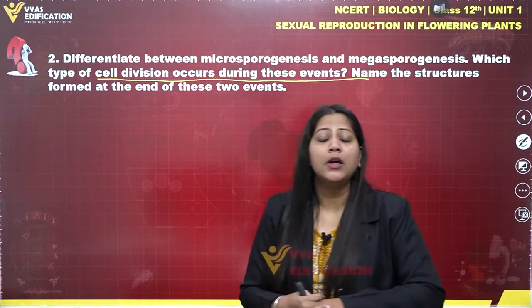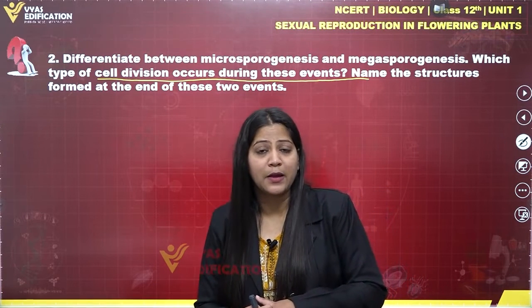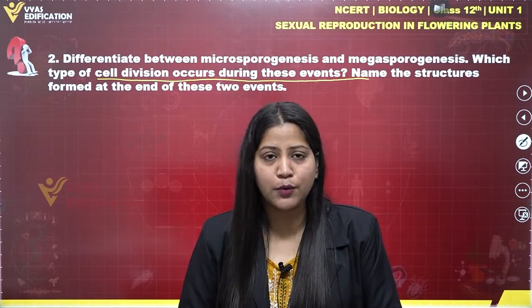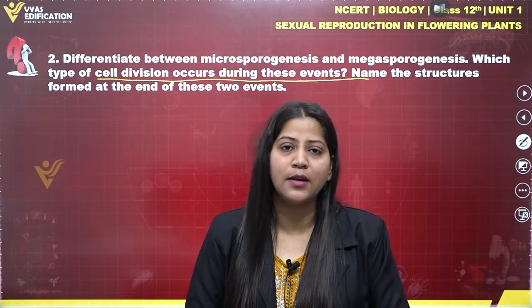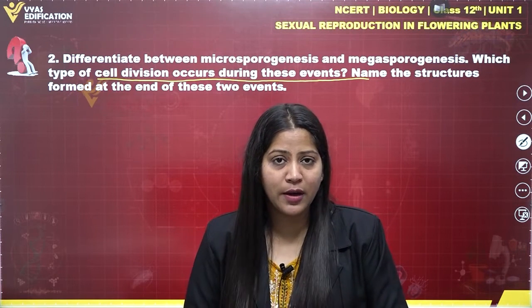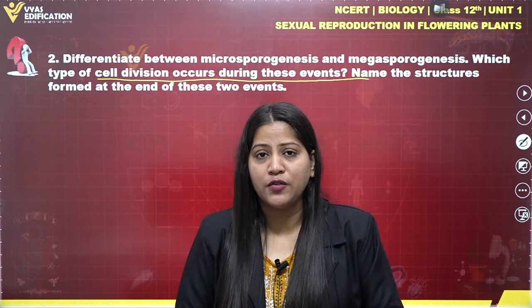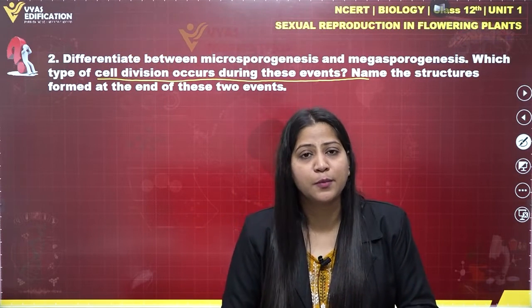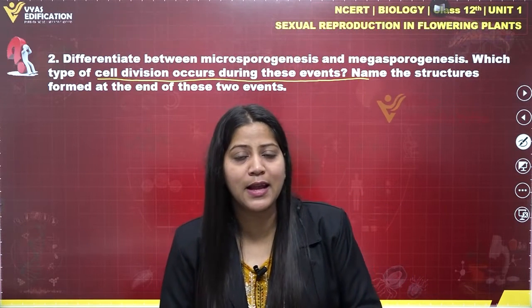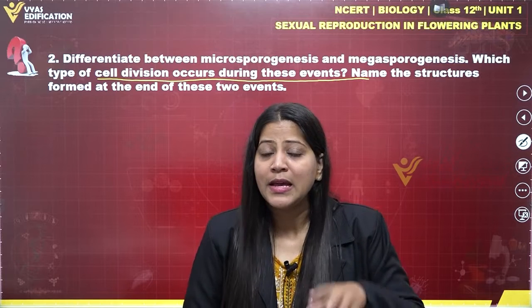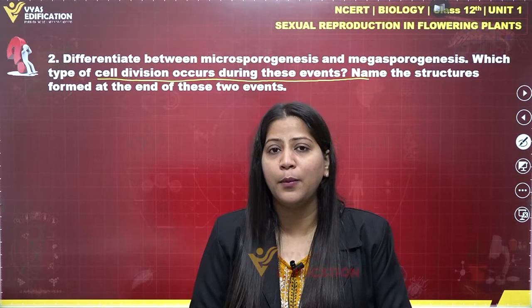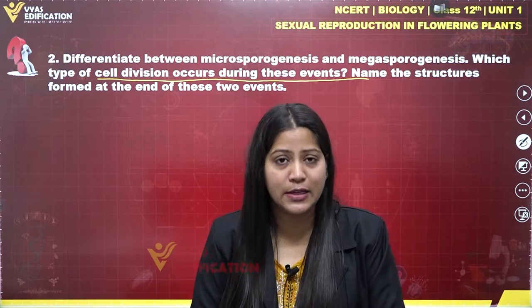Alright, if we talk about microsporogenesis, then we know that stamen is a male reproductive organ consisting of two parts, that is anther and filament. Inside the anther we have microsporangia. Inside microsporangia we have a special tissue known as sporogenous tissue and a special kind of cell known as microspore mother cell or pollen mother cell. These pollen mother cells present inside the microsporangia or pollen sac are diploid in nature.